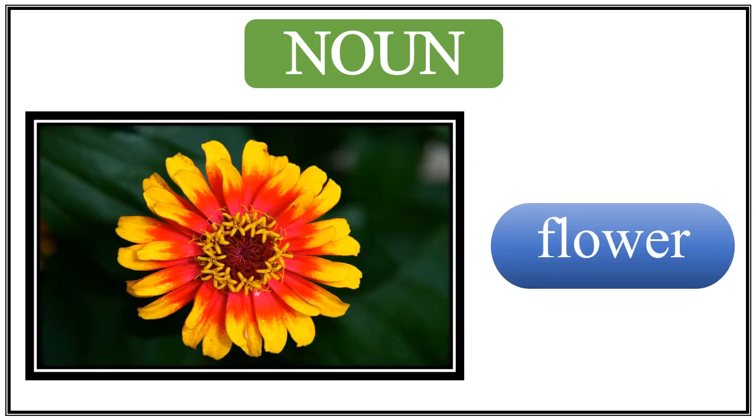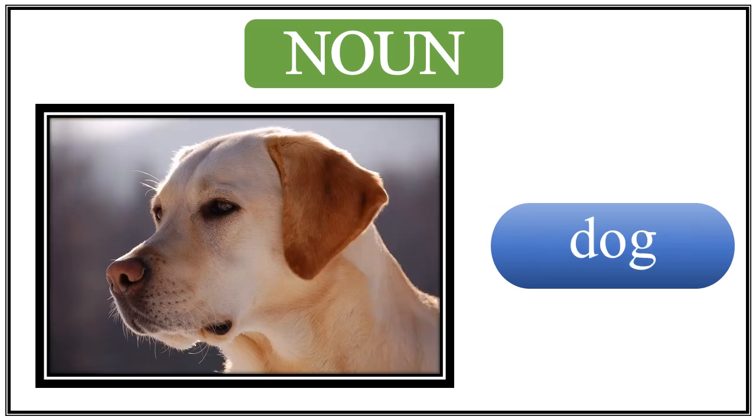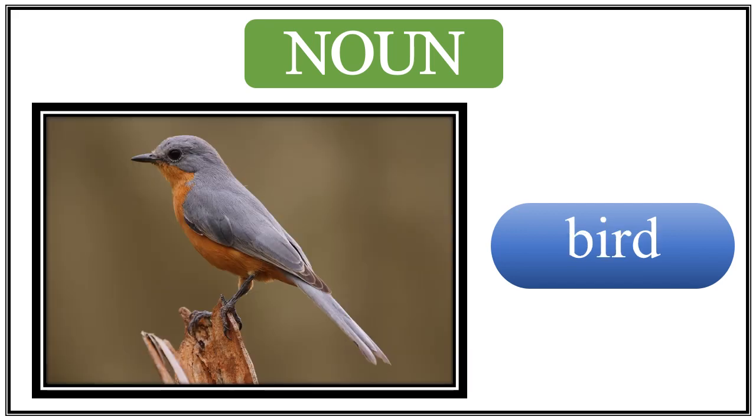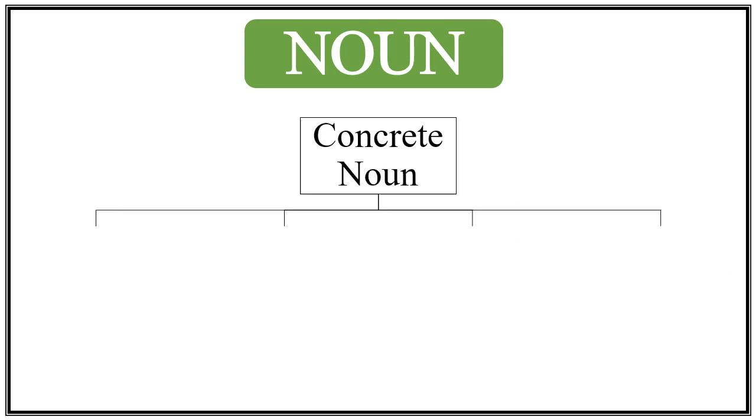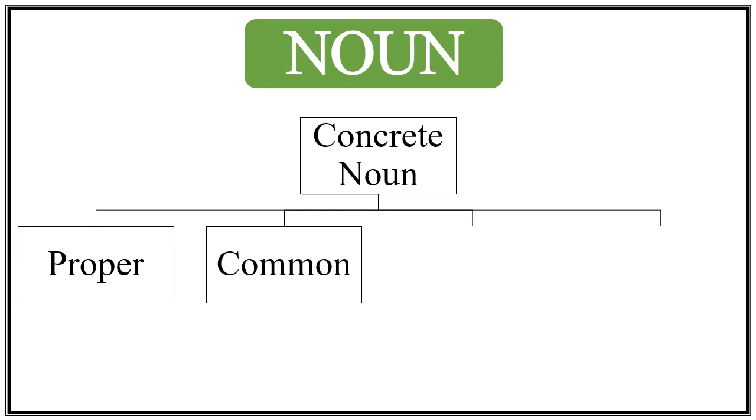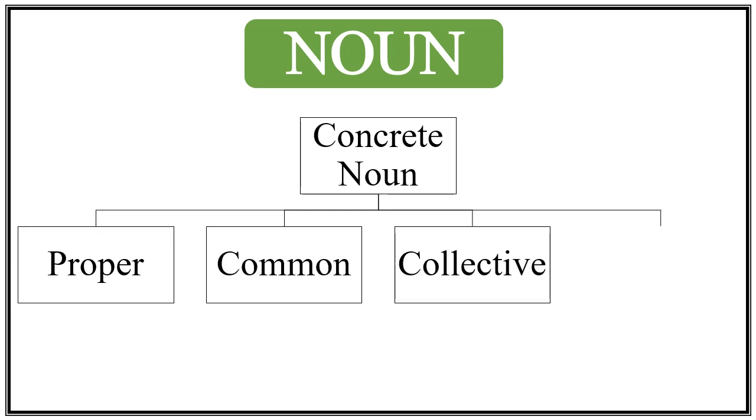A flower can be seen, touched, or smelt. Dog. Similarly, a dog can be seen or touched. Next. Bird. A bird also can be seen or touched. Concrete nouns are of four kinds. They are proper noun, common noun, collective noun, and material noun.